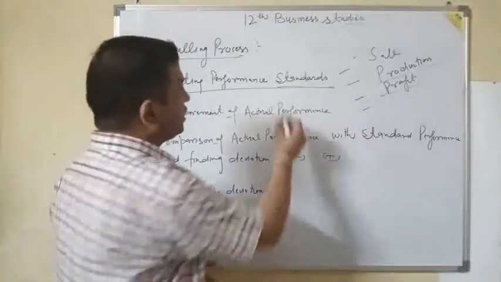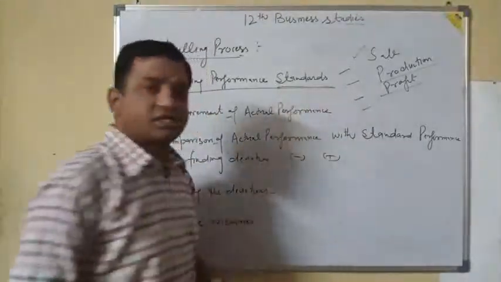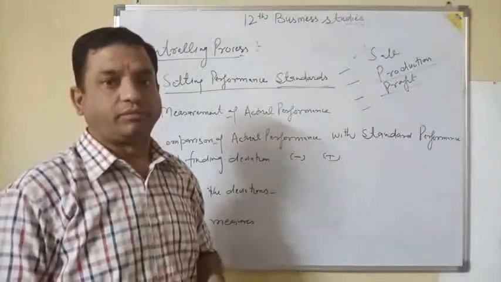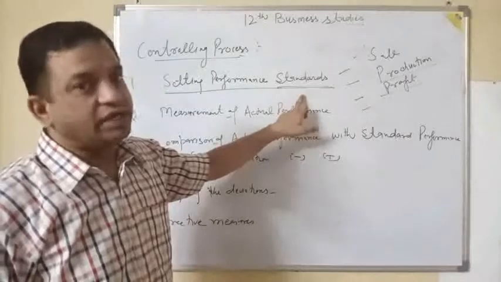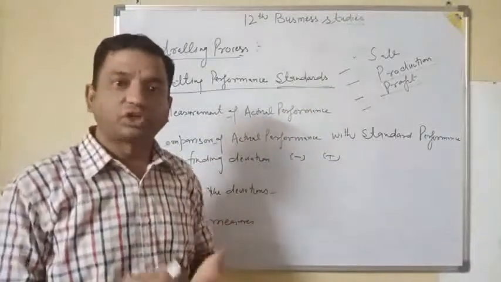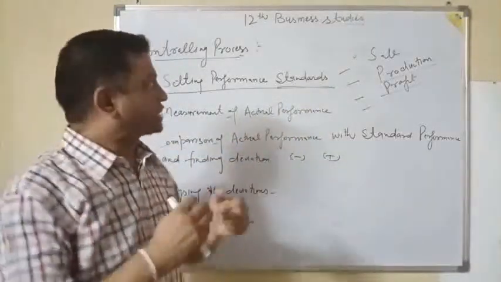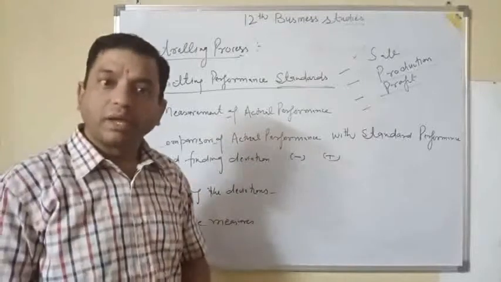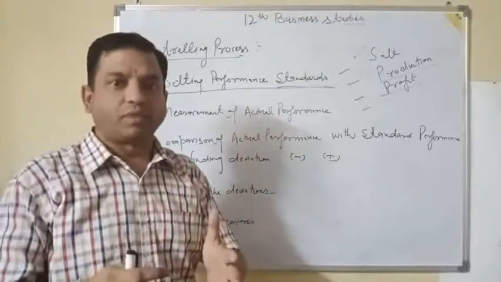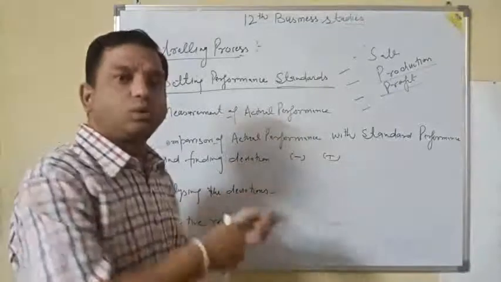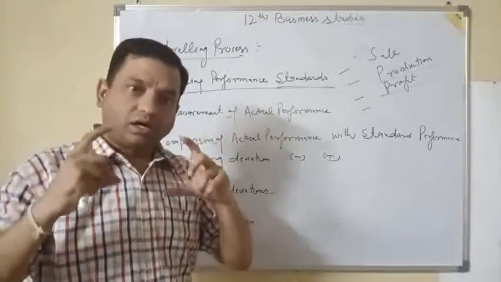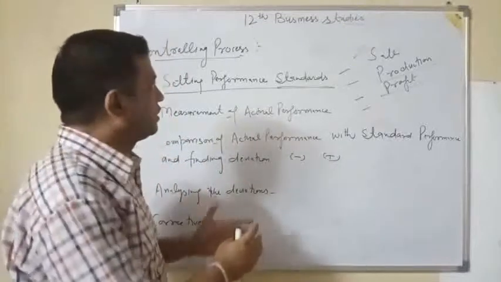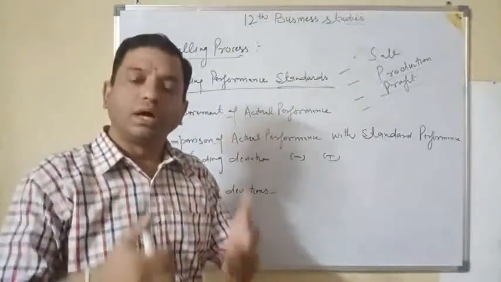And when the company is going to set the standard, certain things should be kept in mind by the person who is going to set the standards. The very first, standards should be reasonable, achievable, and simple. Means the people who have to achieve these standards should understand what standard they have to achieve.